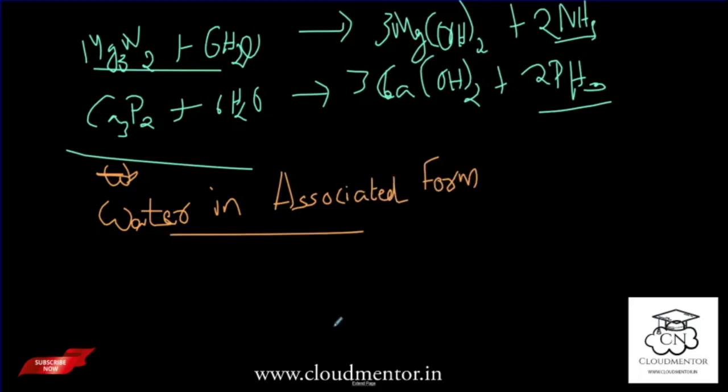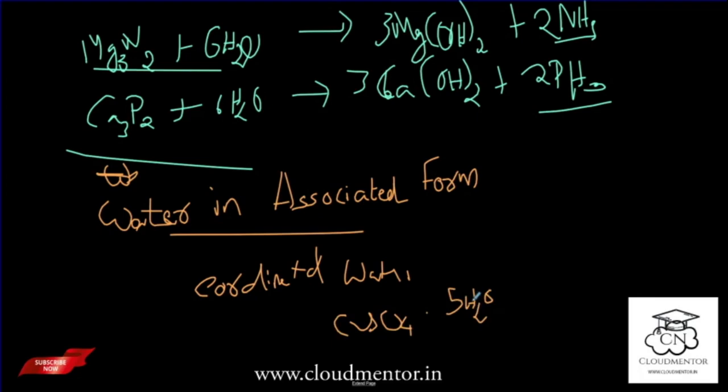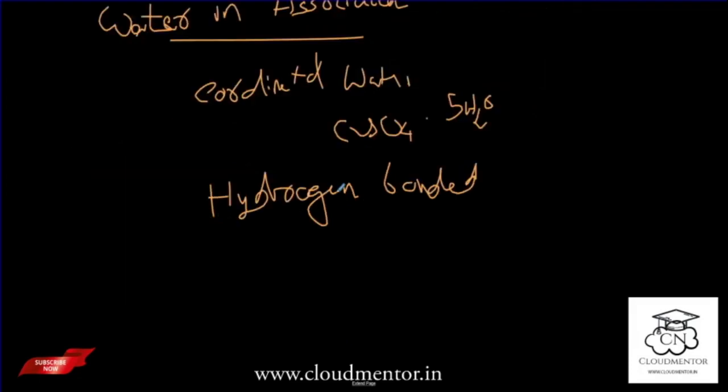The association of water is essentially of five types, namely coordinated water, or the water of crystallization as found in CuSO4, copper sulfate, and the next one, hydrogen bonded water, lattice water, zeolitic water, and clathrate water.